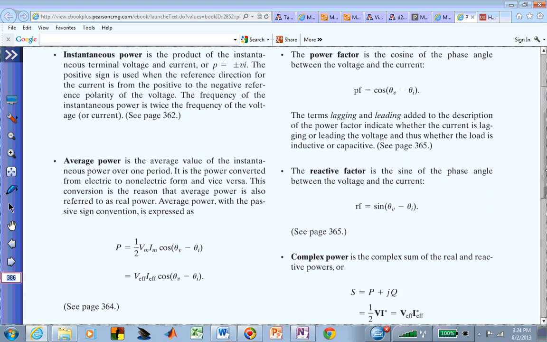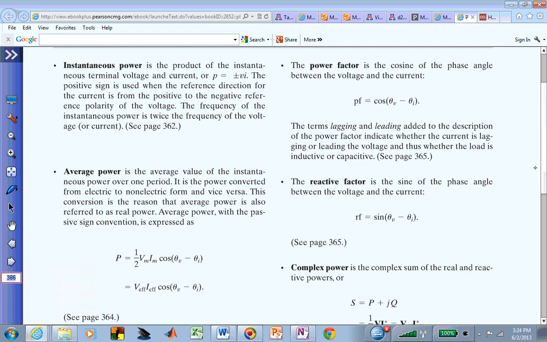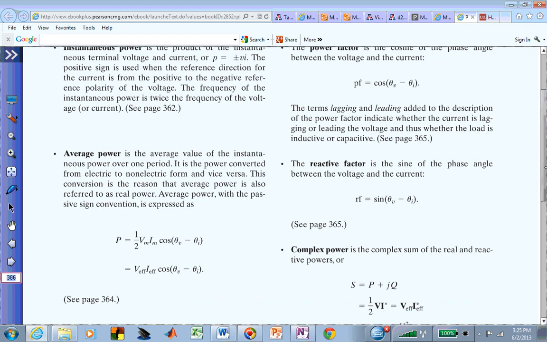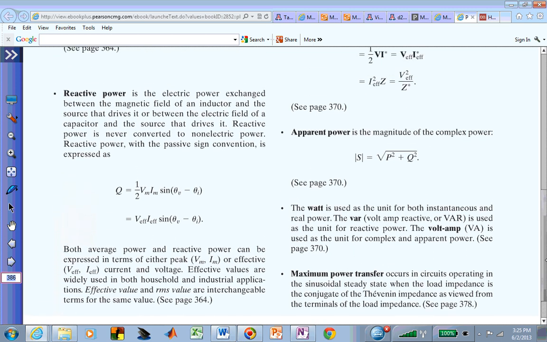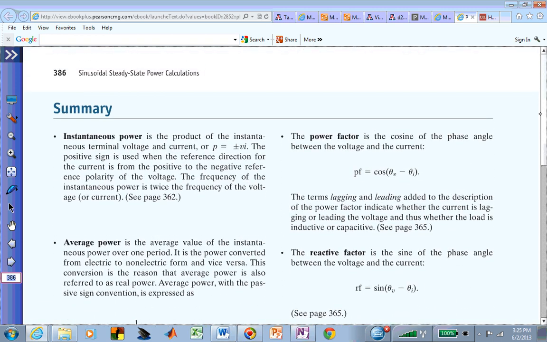Maybe you don't need to know what those are, but you now know that you're going to be looking at or trying to make sense of power factor, reactive factor, complex power, apparent power. What do these terms mean, and how can I make them more clear as I'm working through this new chapter of material?